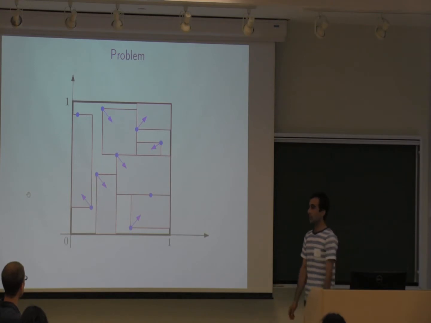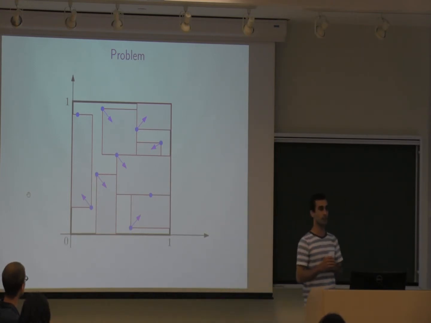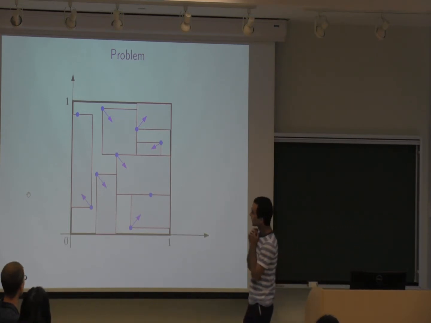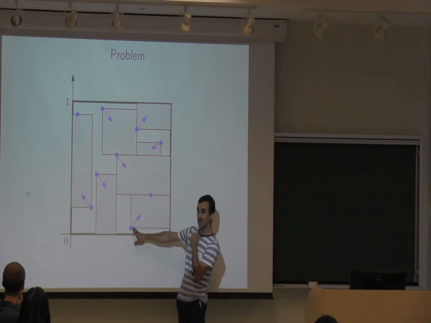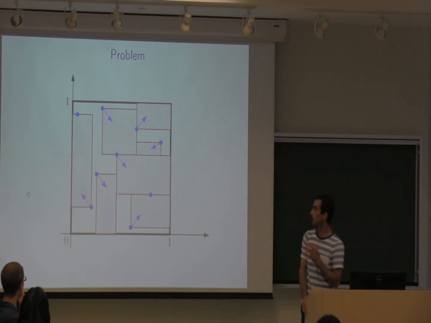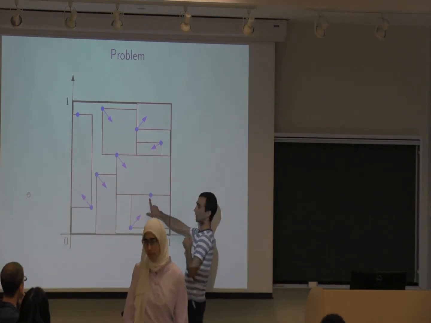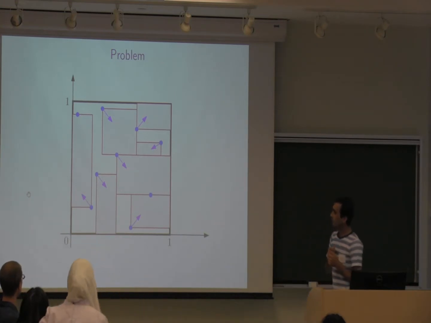And the objective, or the output, is something like this. We want to cover this square as much as we can using these n-chord rectangles. Now there are two constraints. One is that an n-chord rectangle is not allowed to contain any other blue points in its interior.